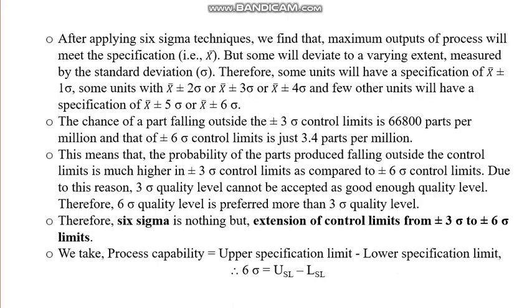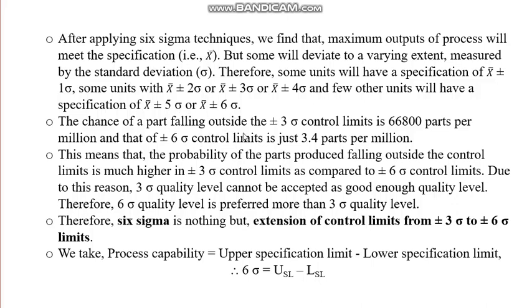Even a very highly skilled person cannot produce 50 diameter shafts every time. There are going to be variations, and these variations are measured by the standard deviation sigma. So some units will have a specification X bar plus or minus 1 sigma, some will have 2 sigma variation, some 3 sigma, some 4 sigma, and a few units will have 5 sigma or 6 sigma.